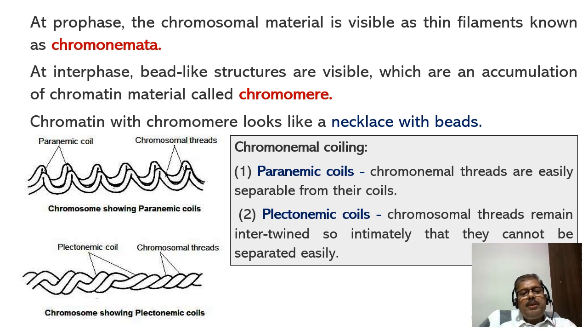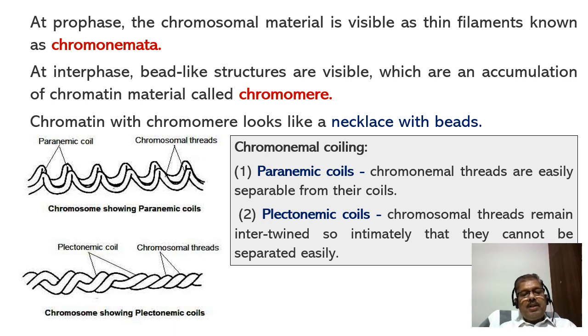As far as chromonemal coiling is concerned, there are two types. One is called paranemic coiling and the second one is plectonemic coiling. When the chromonemal threads are easily separable from their coils, such coils are known as paranemic coils.